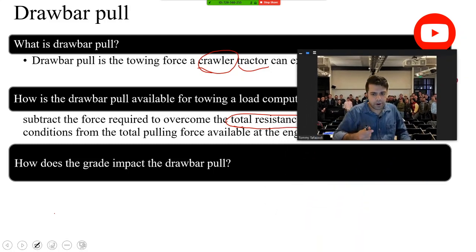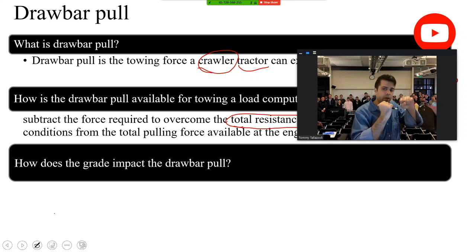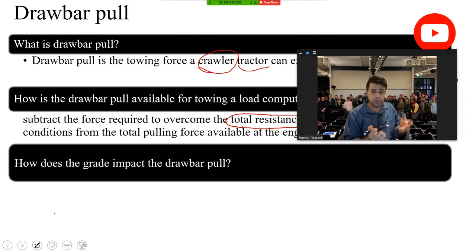So go up now. How does the grade impact the drawbar pull? You can make a guess, right? If you want to go up, can you draw a load as easily as you would on a level surface? Obviously not. If you want to go up and draw a load, you would have to consume more energy, because you should overcome the grade resistance.